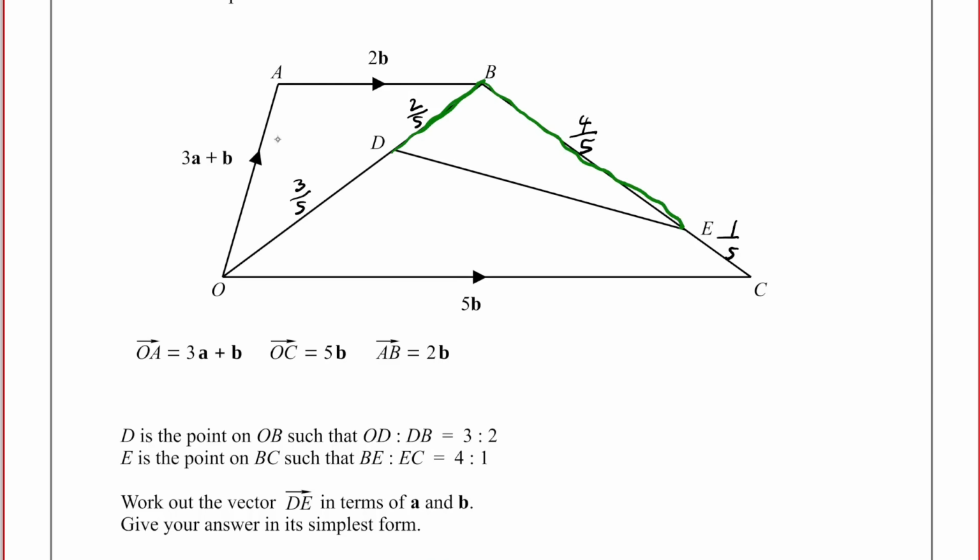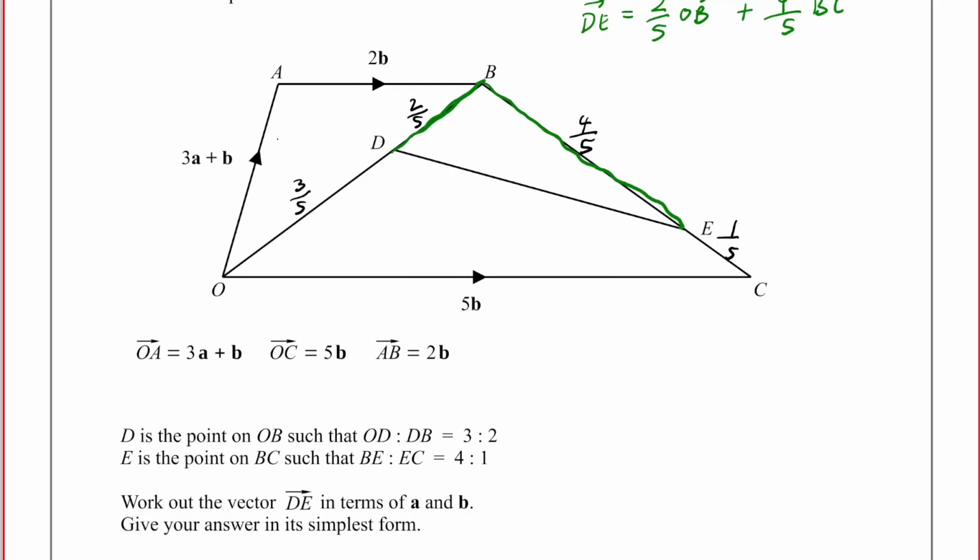So we can say that D to E is 2/5 of O to B plus 4/5 of B to C. So we just need to work out what O to B is in terms of A and B, what B to C is in terms of A and B, and then put them into here.